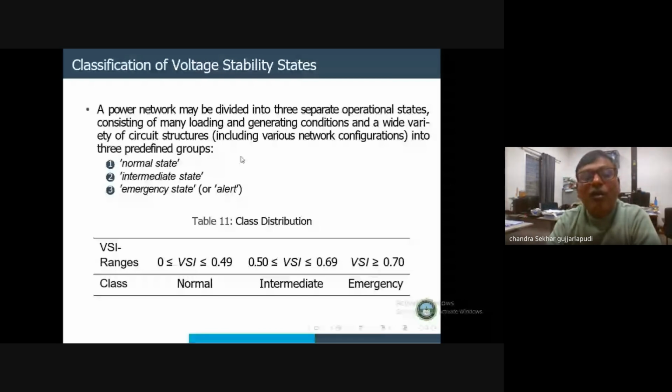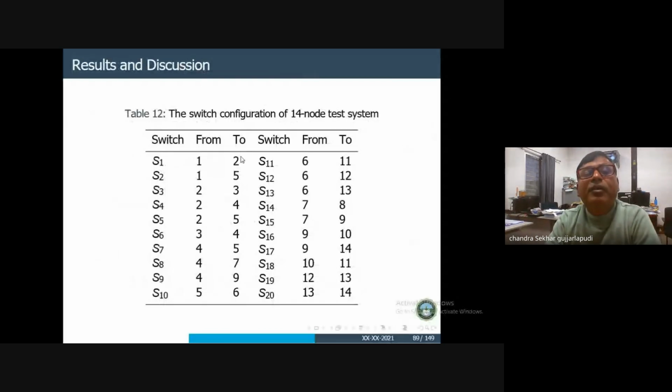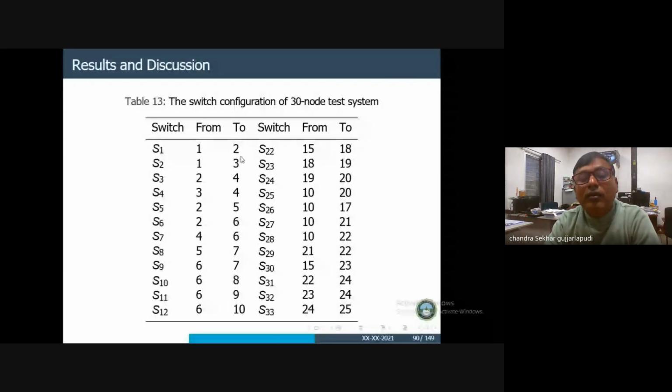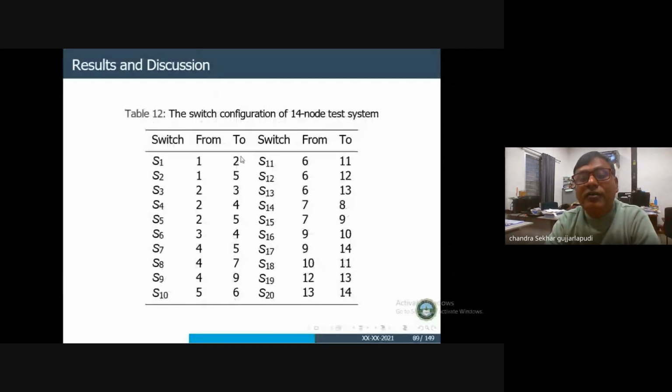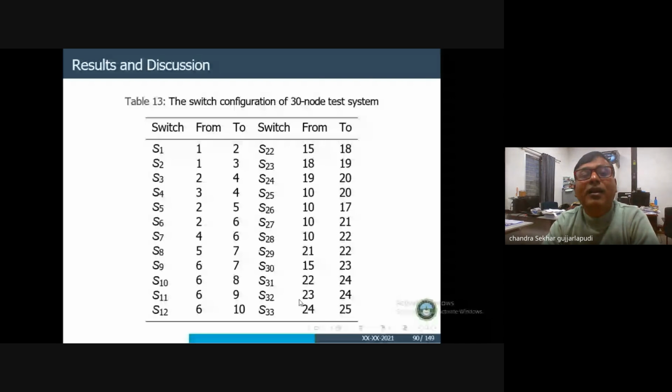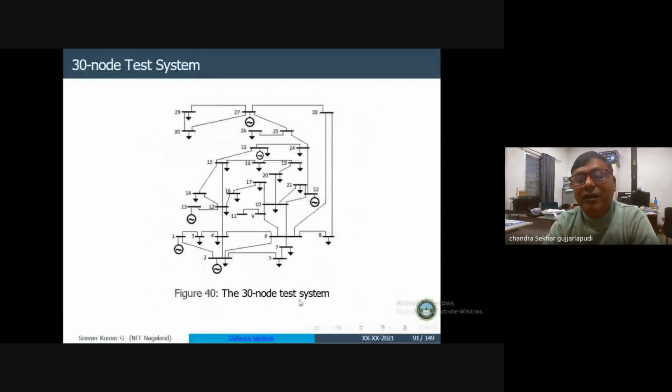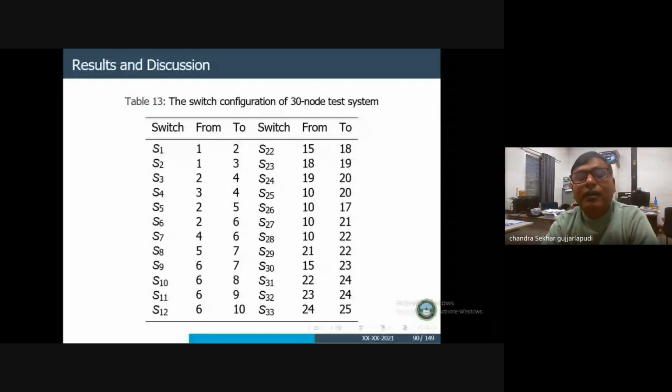Now, for different switching configurations, for the 14 bus system, we have a total of 20 switches, like switch S1 connected between 1 and 2, S2 between 1 and 5, like that. We have S20, a total of 20 switches for the 14 bus system. And for the 30 bus system, we have a total of 33 lines. Each line consists of one sectionalizing switch.